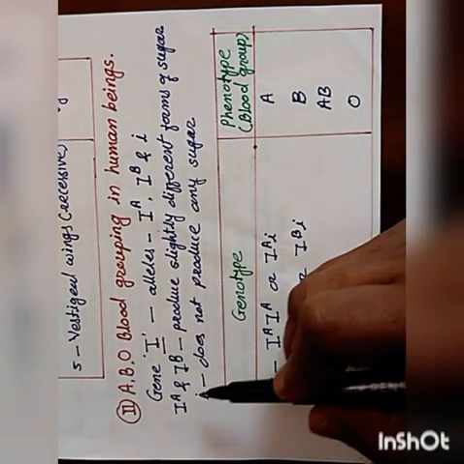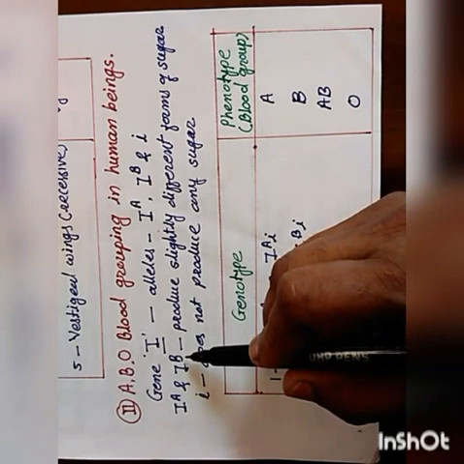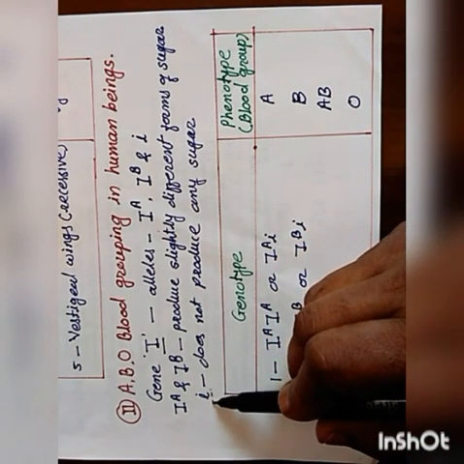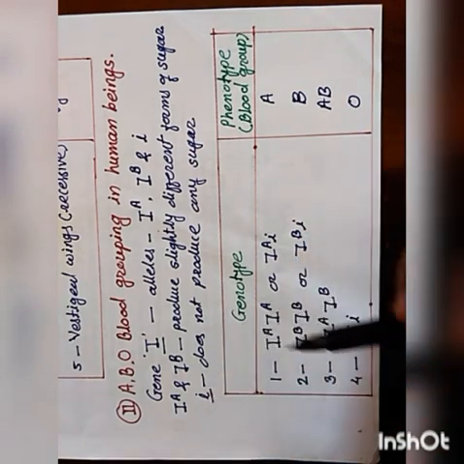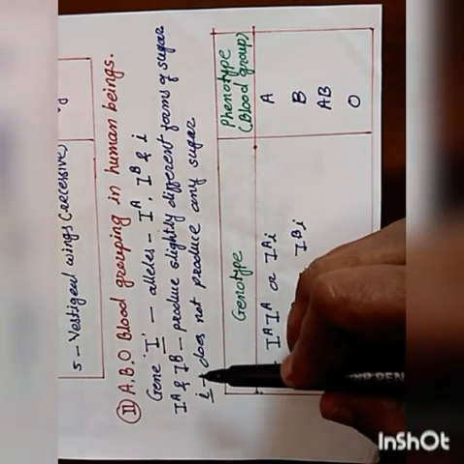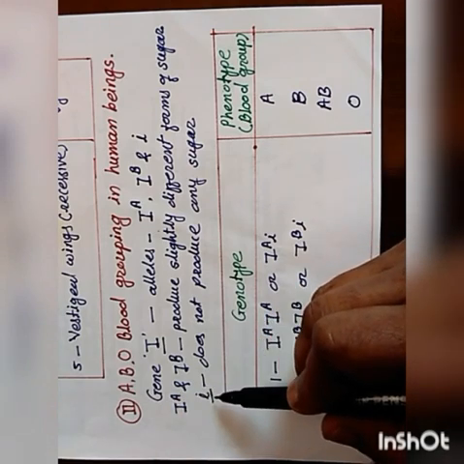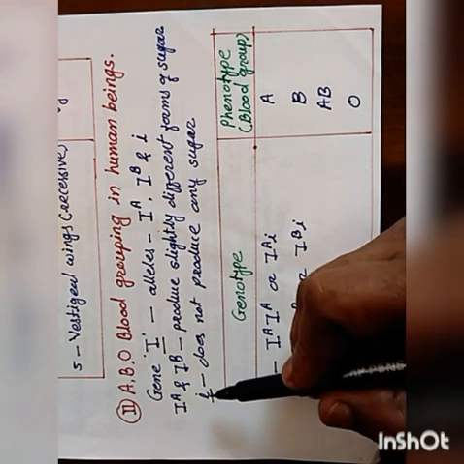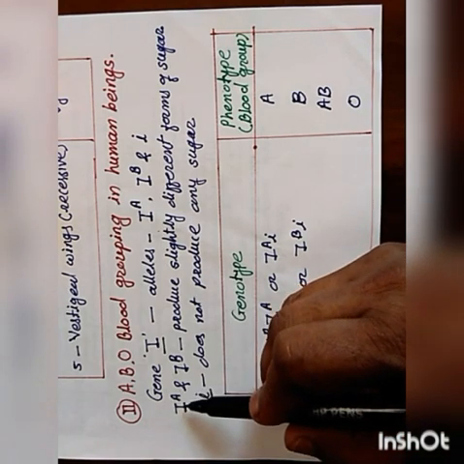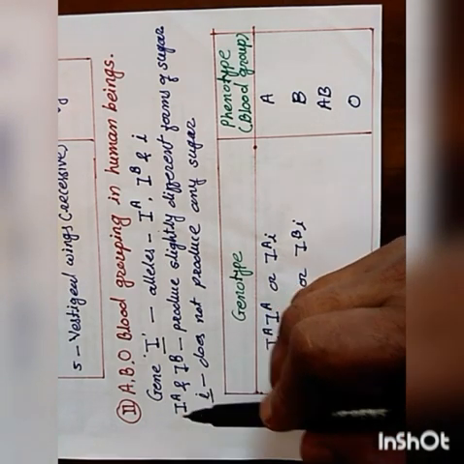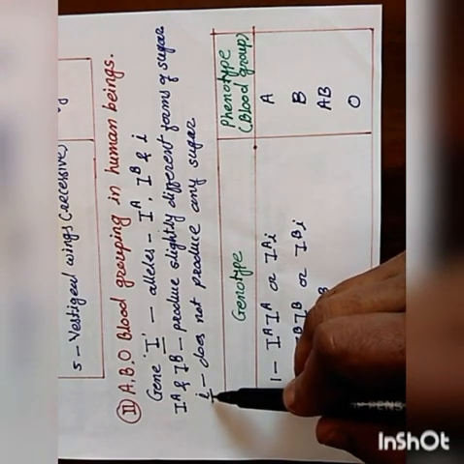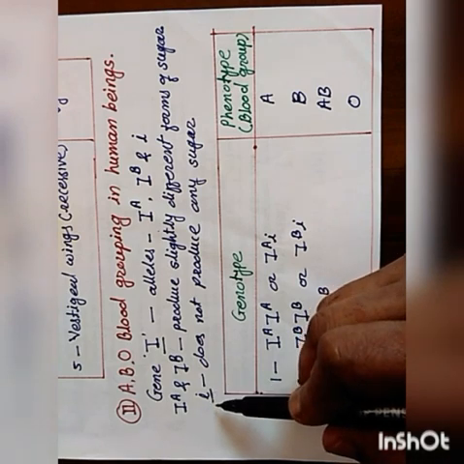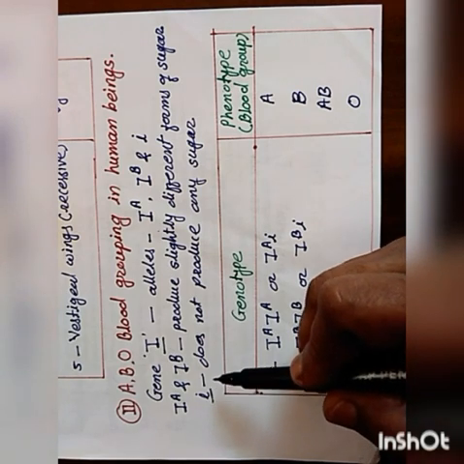Then, in case of the human being, the alleles IA and IB are dominant over the allele small i. Means when the alleles IA and i are together present, then only the IA allele expresses its character, because this small i doesn't produce any type of the character, means it doesn't produce any type of the sugar.